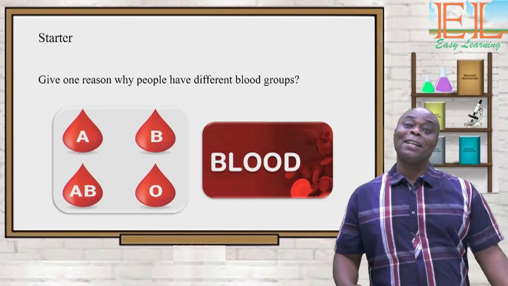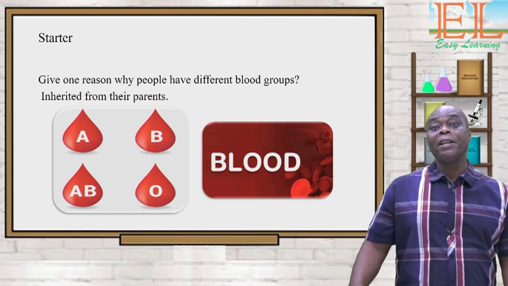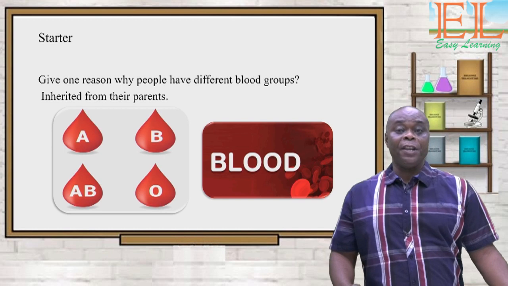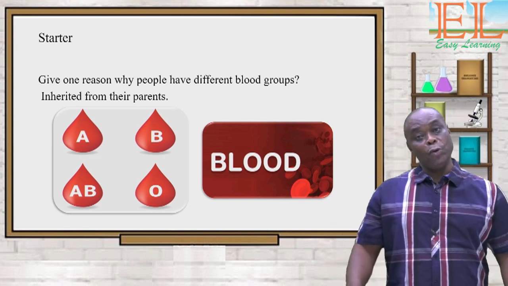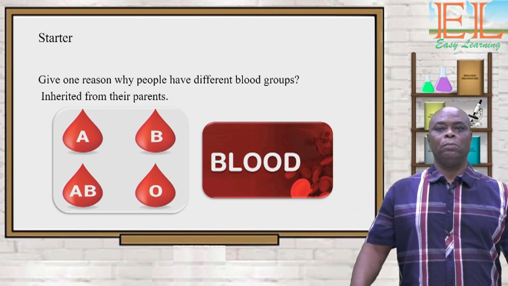Yes, your guess is as good as mine. They may have inherited it from their parents, or it is controlled by a specific gene. In this lesson, you will know how the difference comes about.